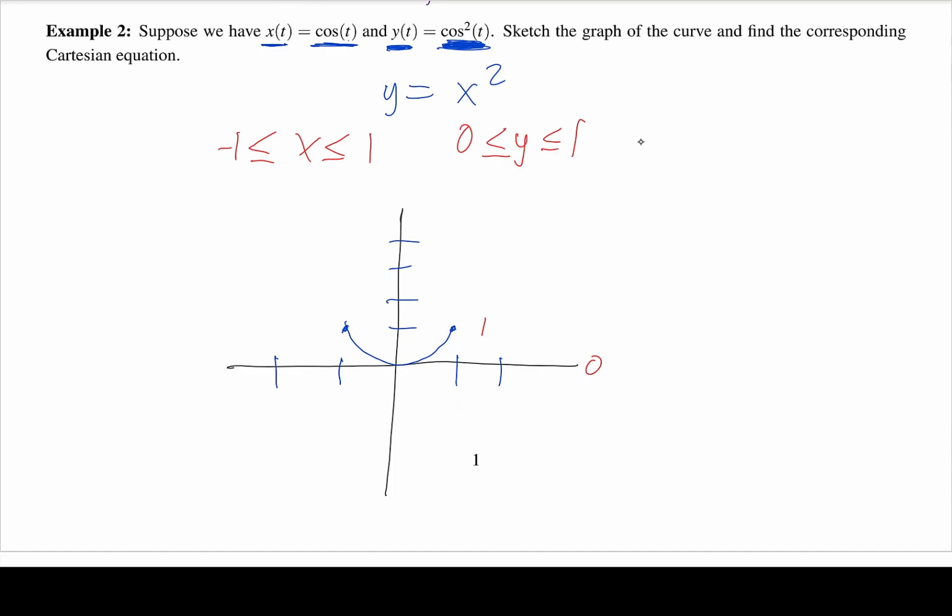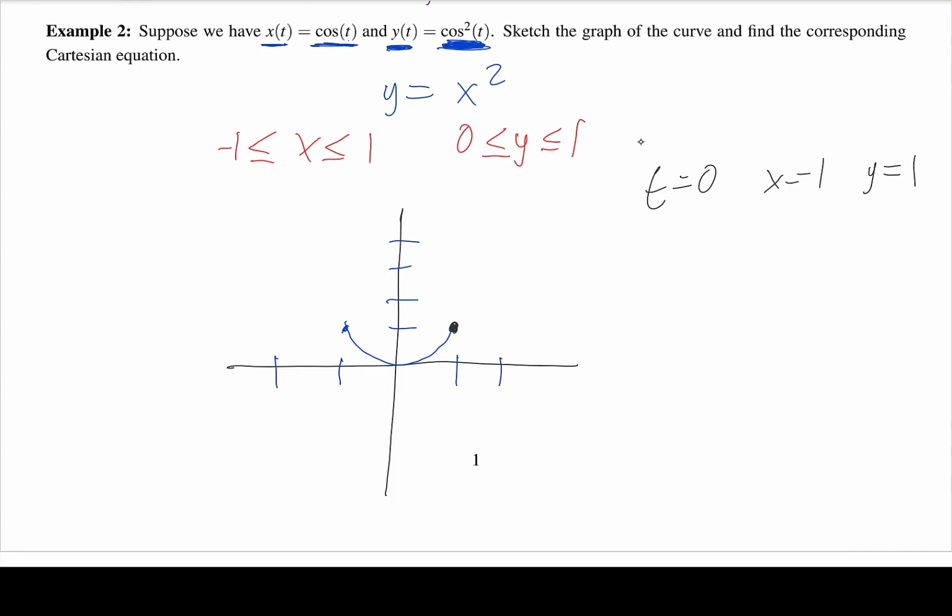Now the only thing we have left to do is to find the direction. To do that, I'll start with, say, t equals 0. When t equals 0, x will be equal to 1, and y will be equal to 1. So that's going to be this point right here.